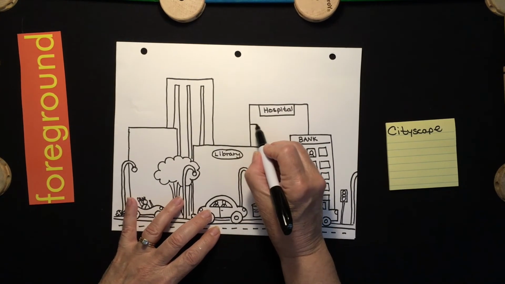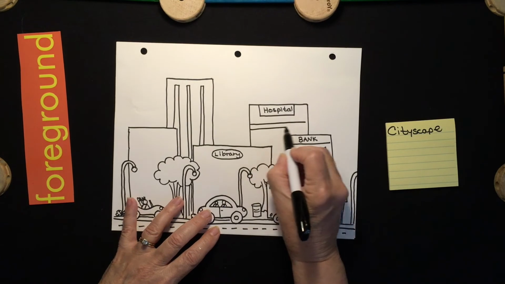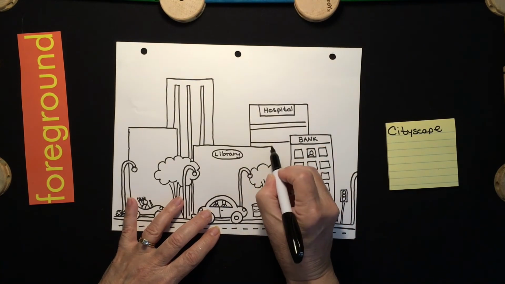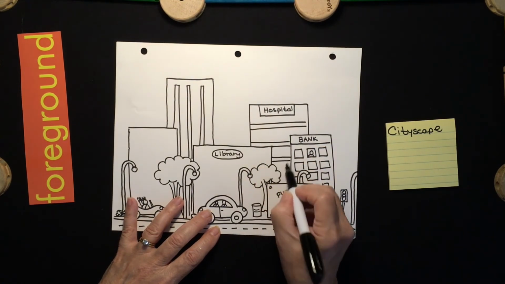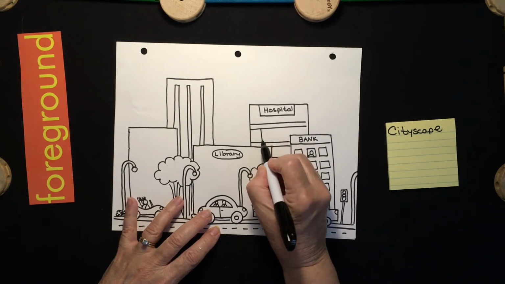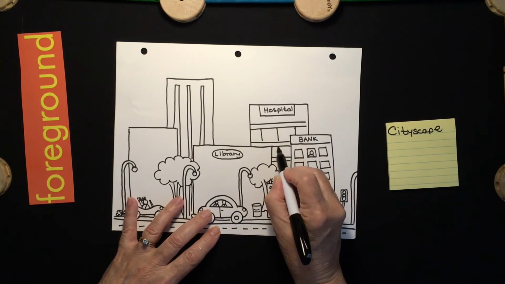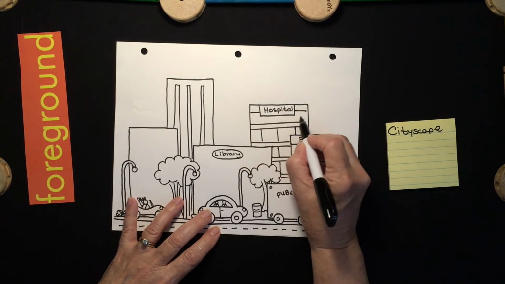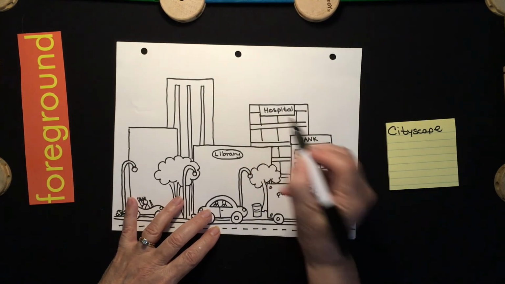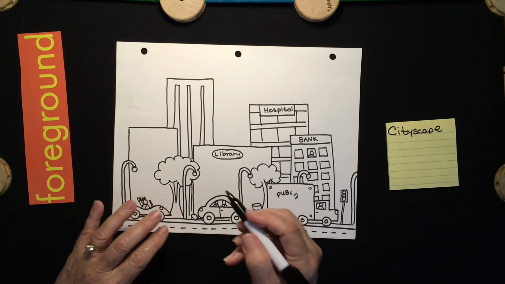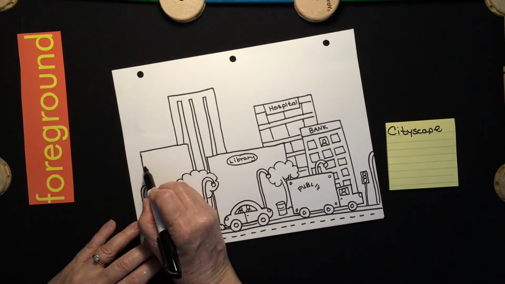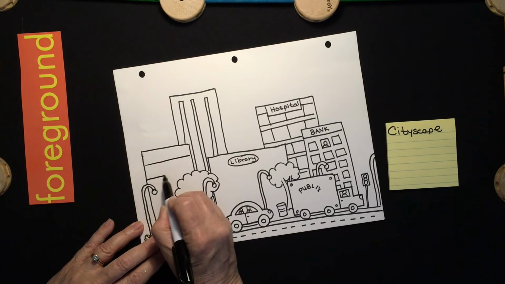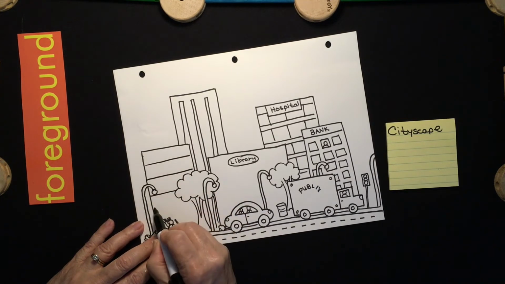This hospital might have windows that look like this. We're just making that up. Okay, let's see. This is an easy way to make windows. Straight horizontal lines that go across.